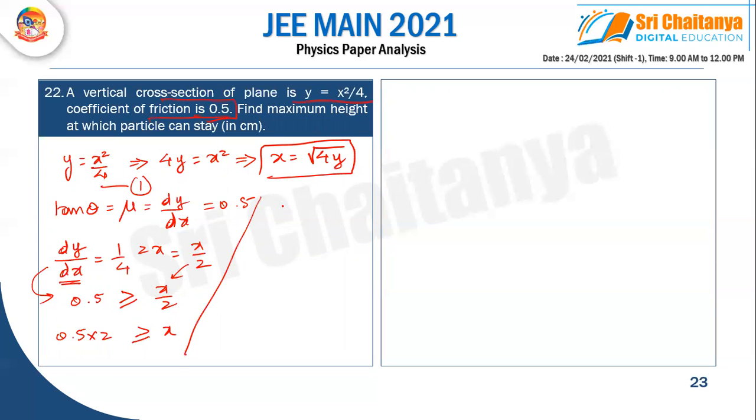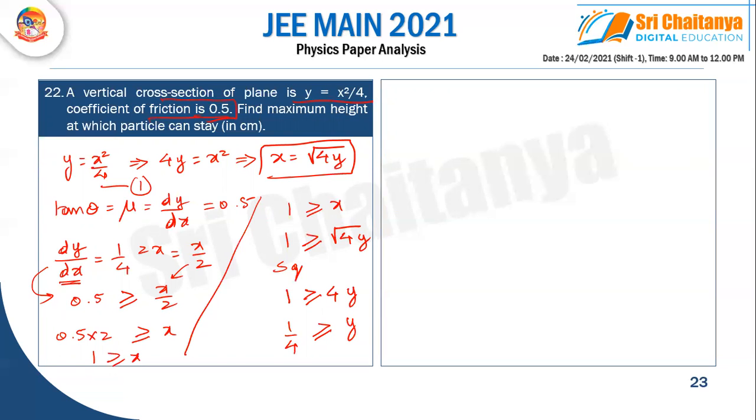So 1 is greater than or equal to under root 4y. I square on both sides: 1 is 4y, and I'm going to get y, in fact, 1 by 4 is greater than or equal to y.